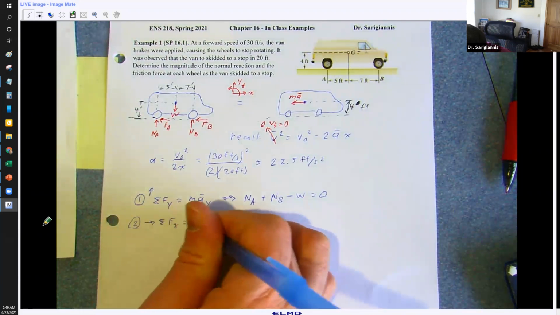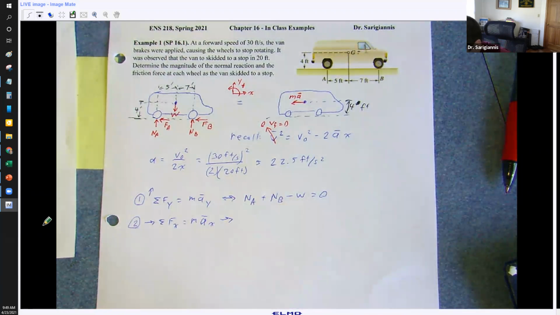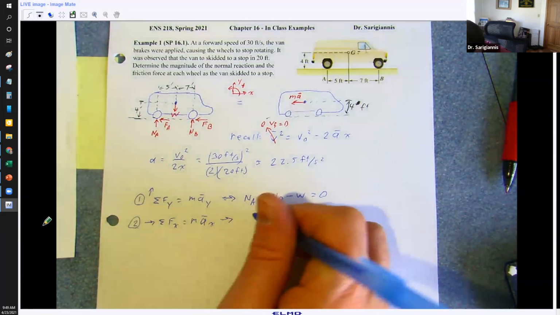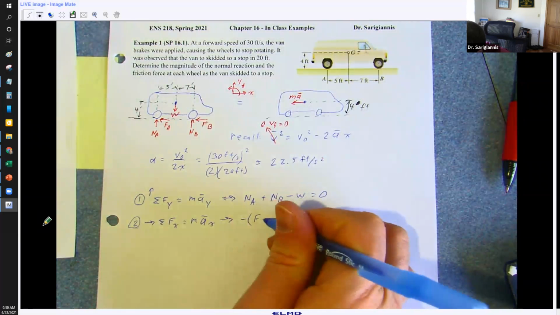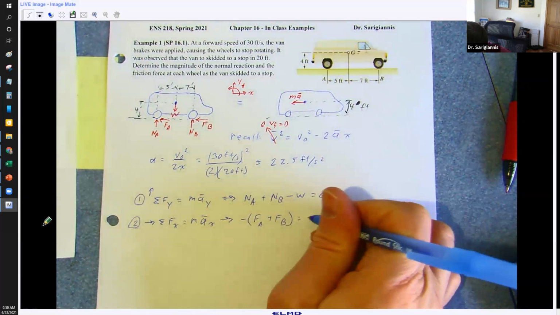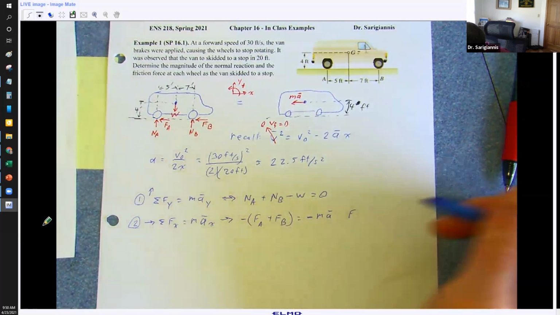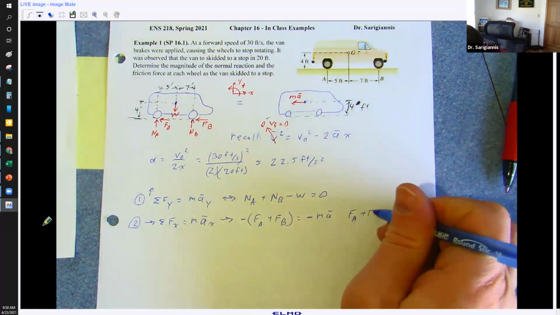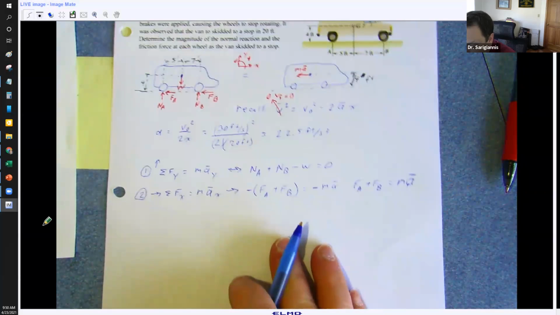Next, sum of the forces in x is m a bar x. In this case, all our forces and acceleration are pointing backwards. So we've got negative FA plus FB, right, equals negative m a bar. So you could just rewrite this as FA plus FB equals m a bar, right, the negatives are going to cancel each other out.